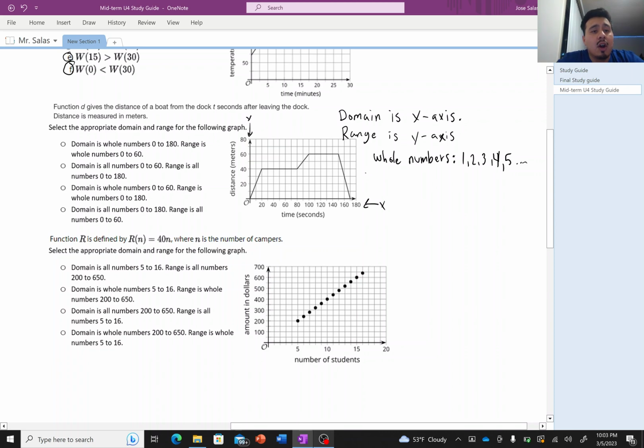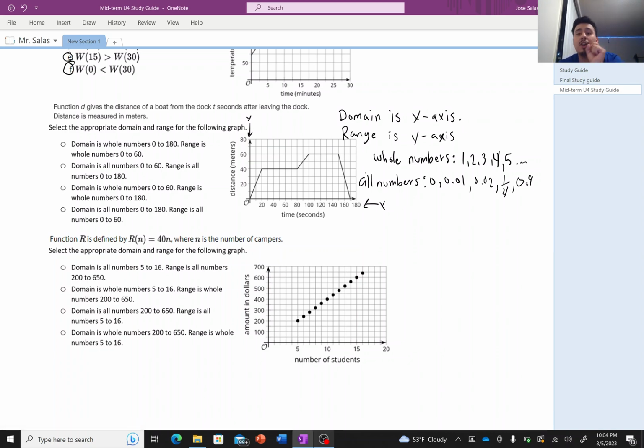Now, there's a big difference between whole numbers and all numbers. All numbers refers to things like 0, 0.01, 0.02, and then it gets bigger. You can even have fractions like 1/4, and you can have 0.9, etc. You can have numbers that are smaller than whole numbers.